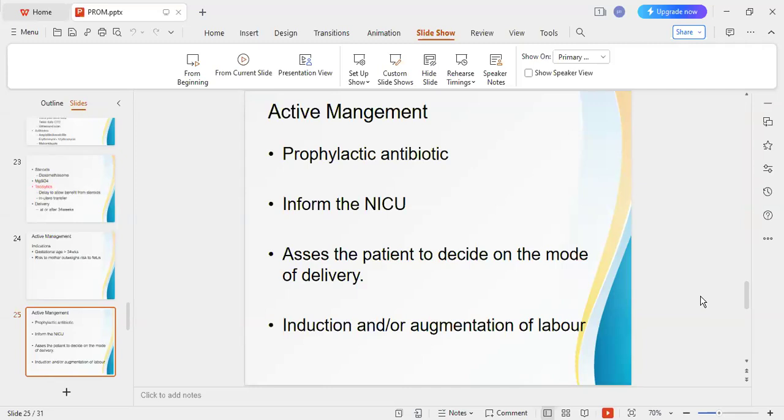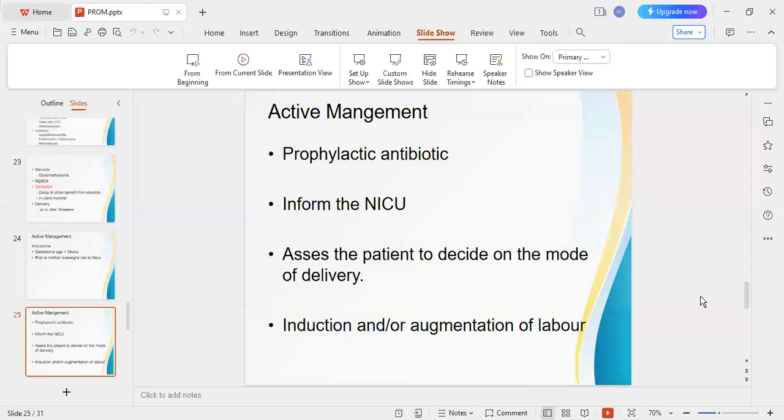You can have a patient who has come, and even though the patient has PROM, the patient already has a favorable cervix, fetal well-being is optimum, and this patient can go through a vaginal delivery. These kinds of patients, you allow them. But you have other patients who come and they have maybe a cord presentation or cord prolapse, or they present with some form of fetal parts, or you evaluate this patient and you realize that this patient cannot go through SVD, then these patients will be prepared for a cesarean section.